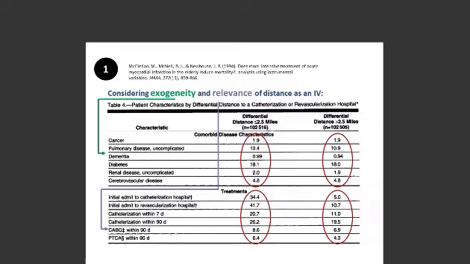So now the paper splits up the sample into 2 groups: people that live relatively close to the alternative hospitals, so where they have a lower differential distance, and people that have a higher differential distance over here. This table shows that the distance seems relatively independent of the comorbid characteristics of patients, in that these comorbid characteristics seem similar across the two distance groups.